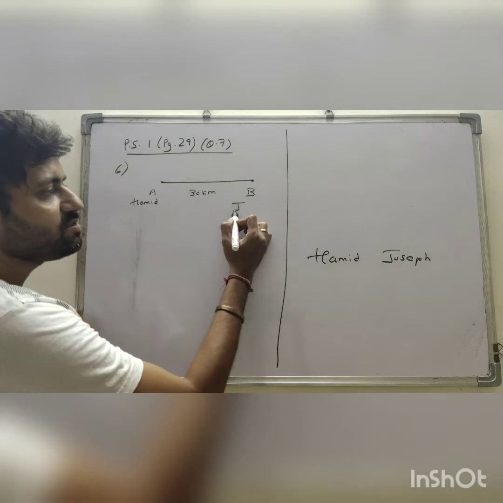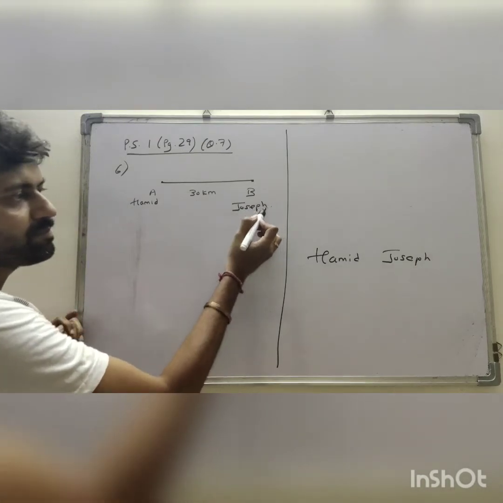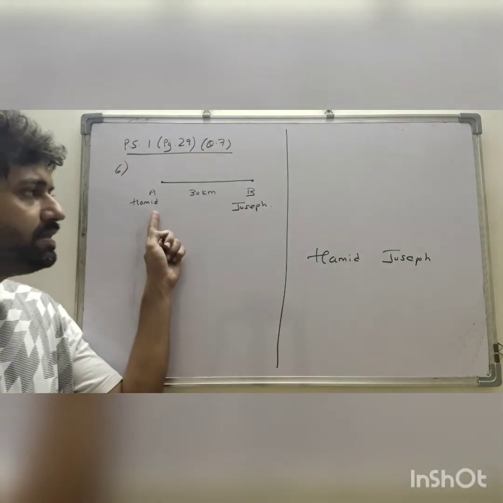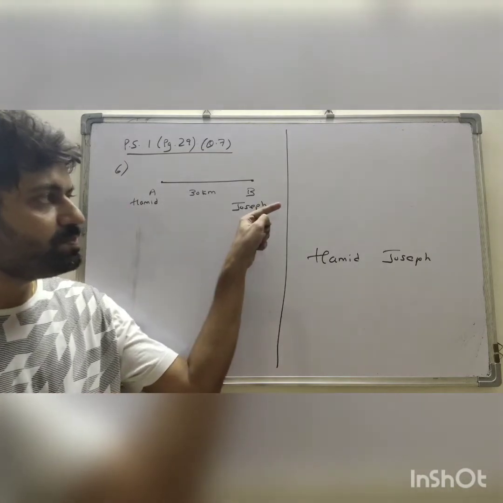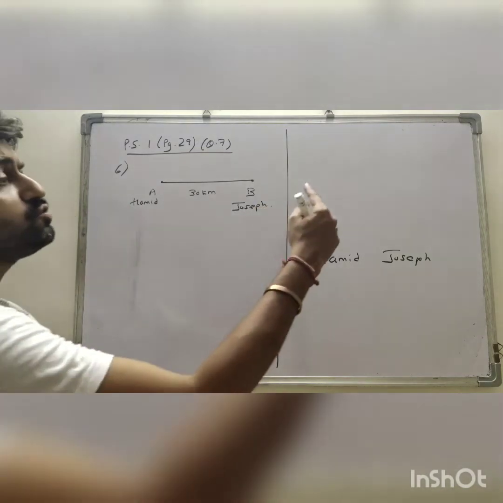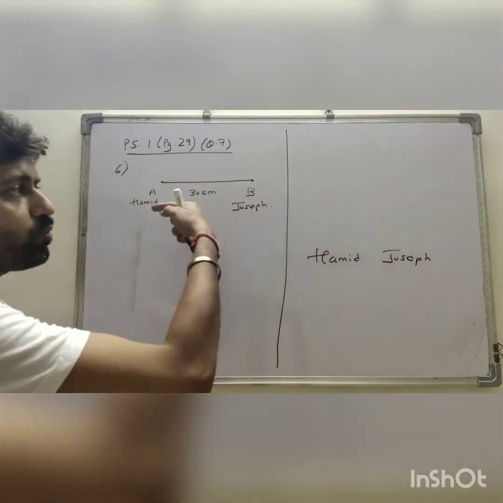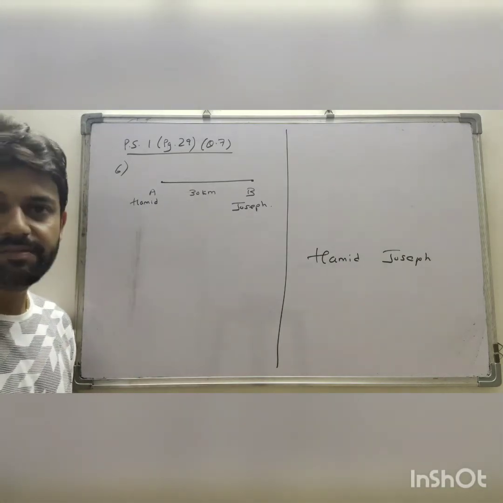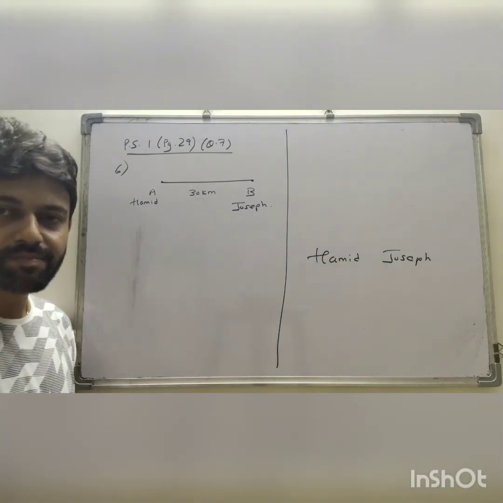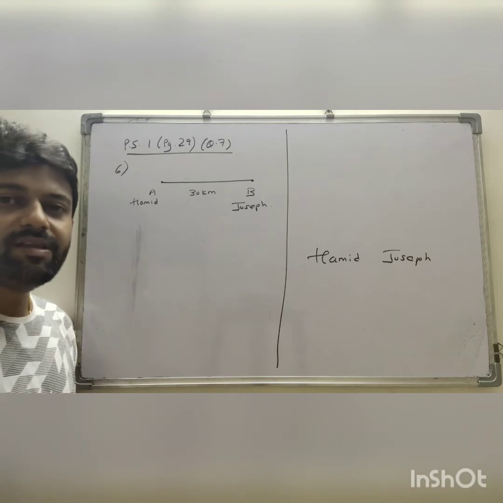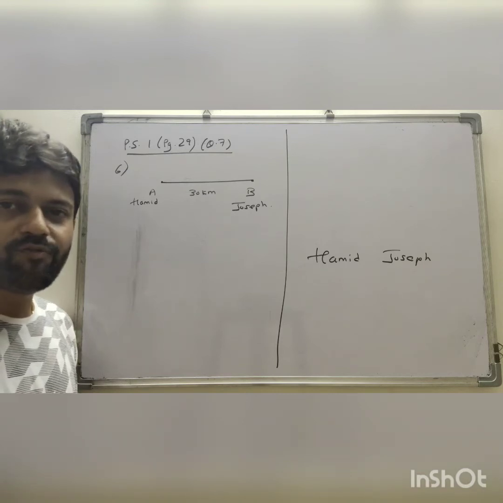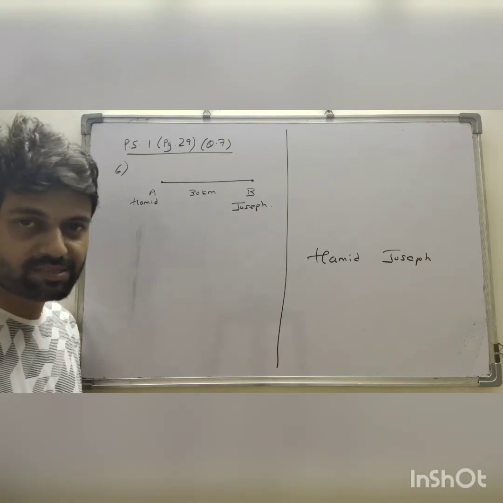At point B is Joseph. Hamid travels towards Joseph and Joseph travels towards Hamid. While traveling so, we have to find out their speeds.